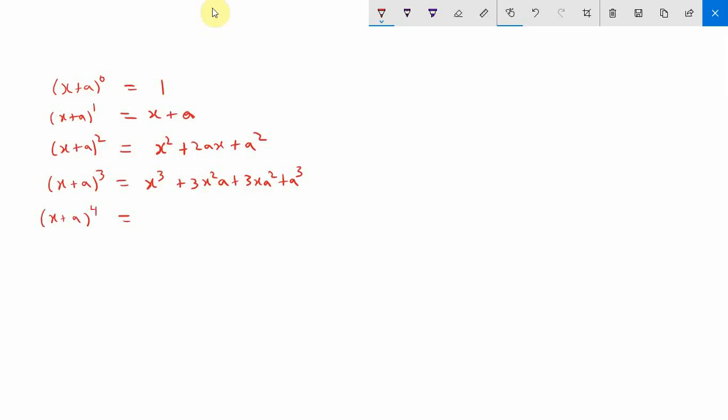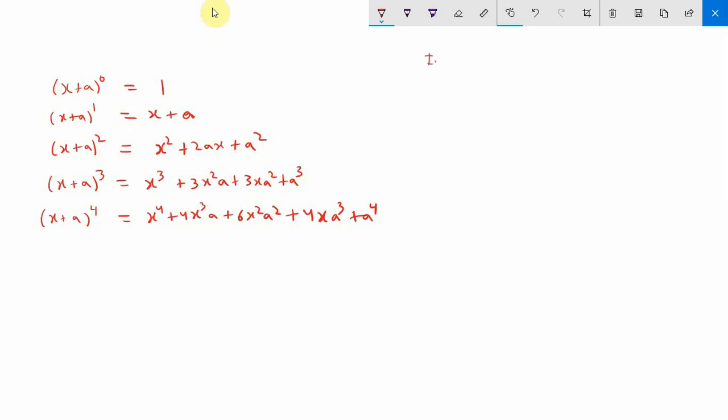When we multiply these two terms, we will get x to the power 4 plus 4x cube a plus 6 x square a square plus 4x a cube plus a to the power 4. Okay, so till now it is okay, but for the higher powers, how can we calculate? We will see it later.